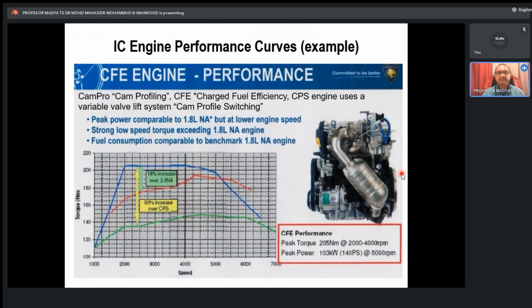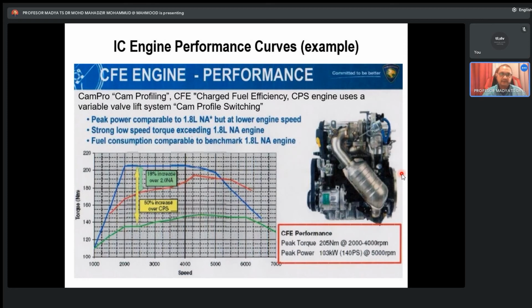The example is called Cam Pro, so this is cam profiling. CFE, charged fuel efficiency. The CPS engine uses a variable valve lift system, Cam Pro Switching. This is for the Proton Exora engine, I think.